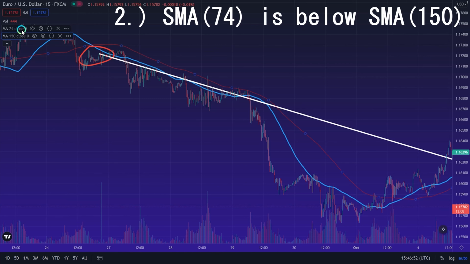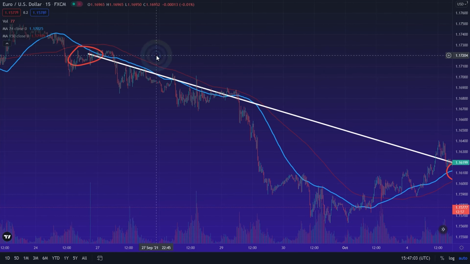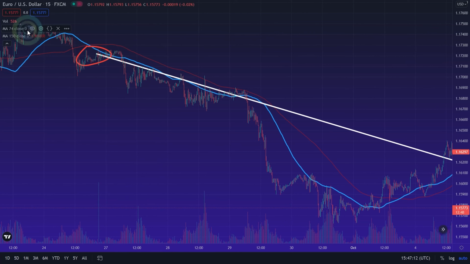Great. Now let's see the third rule, the third condition, because it is really important, and I have to tell you now that you just shouldn't do what every trader does, and it is that if you have 2 conditions that are good, you take the trade because you are impatient and you want to trade and you think that you will be missing out on a good trade.